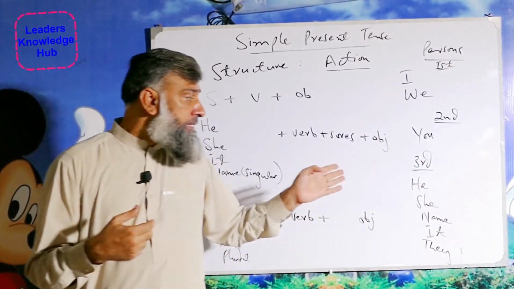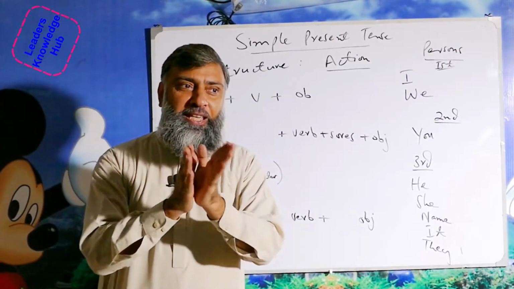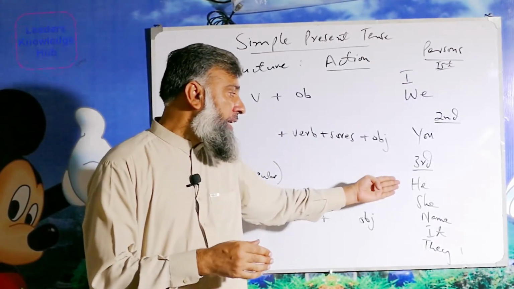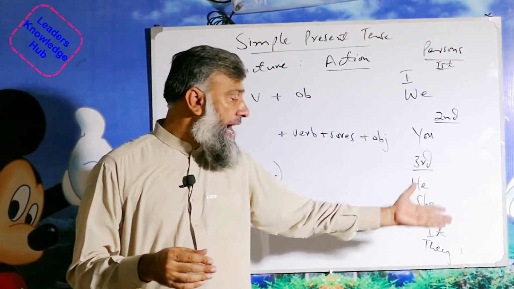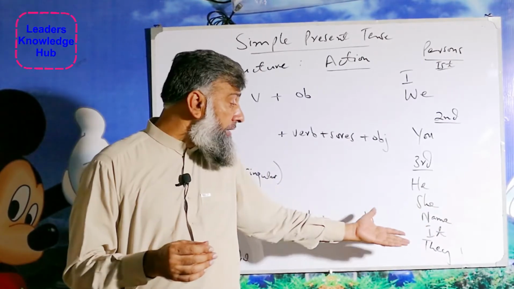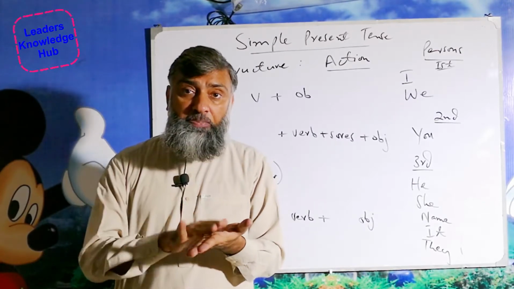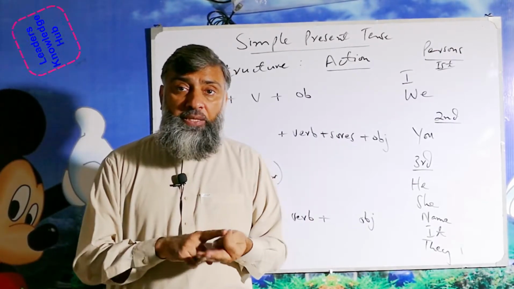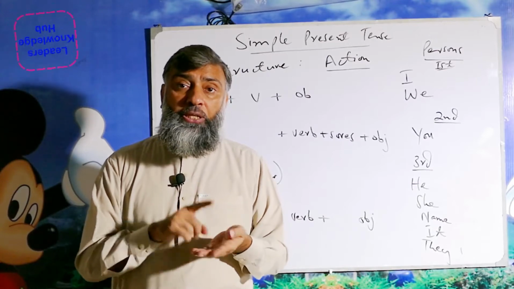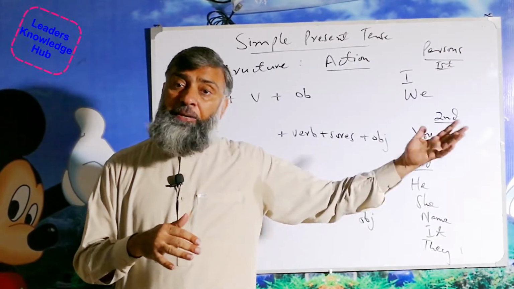And the third person, about whom you talk, जिसके बारे में आप बात कर रहे हो. It can be he, she, Ali, Aisha, it, and they. They may be more than a single person. So we have three persons: first person I, we; second person you; third person he, she, name, it, and they.